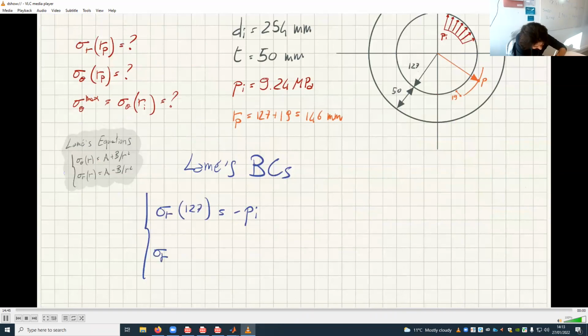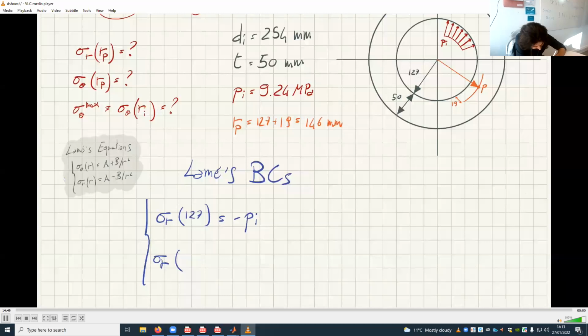And the radial stress at 304 millimeters is 0.